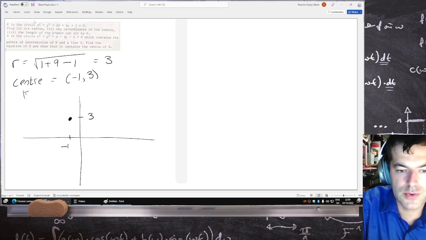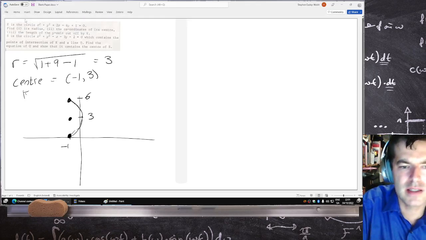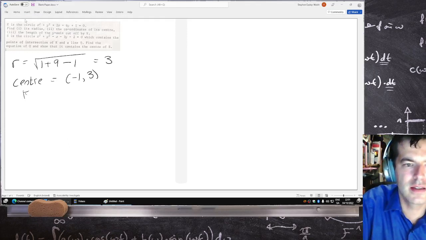And the radius is 3, so that means tangent here, and the other up here at 6. Okay, and the circle is going to curve around. So yeah, actually we just need to figure out where it crosses the y-axis. That's all. And then look at the difference in the heights.